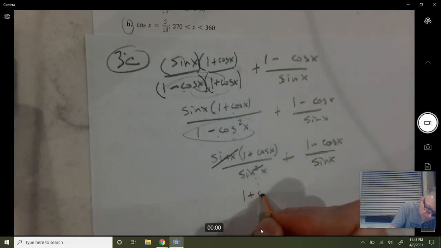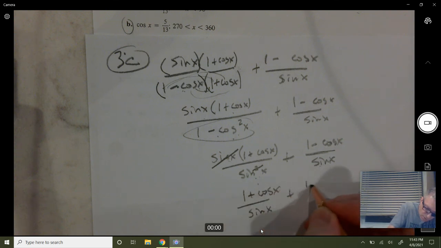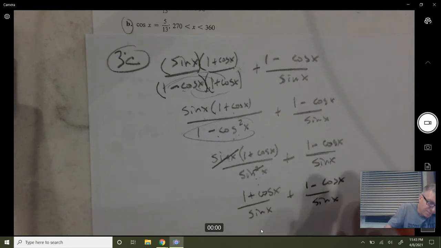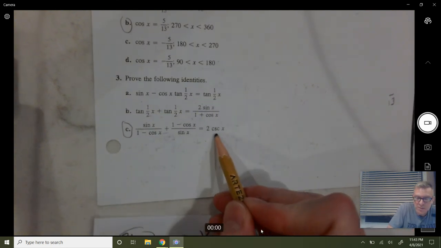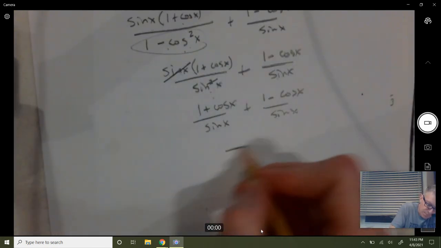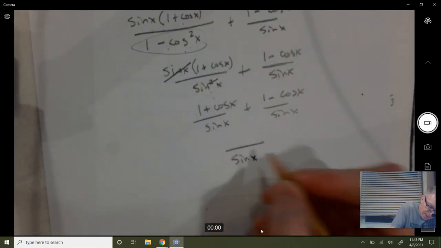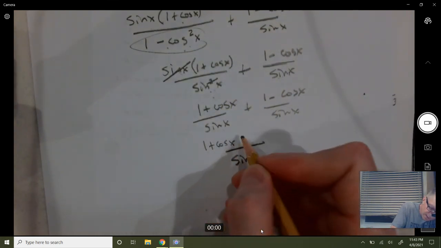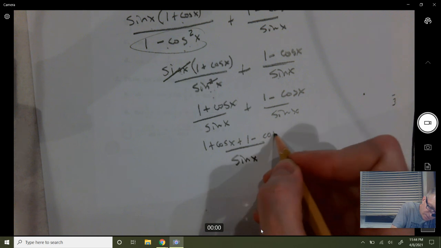We've got 1 plus cosine x over sine x plus 1 minus cosine x over sine x. Okay, keeping your eye on what we want this to become. We want it to become 2 cosecant of x. Our common denominator is sine x. So on the top, we've got 1 plus cosine x plus 1 minus cosine x.